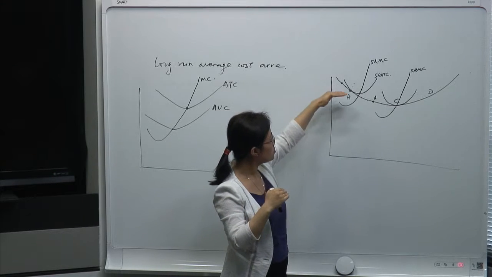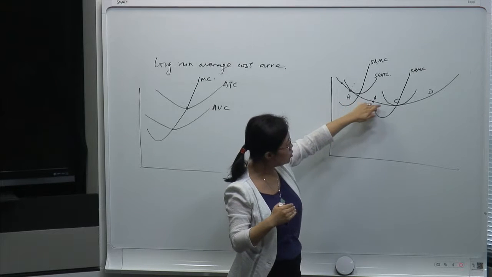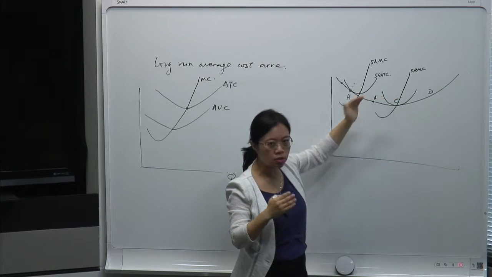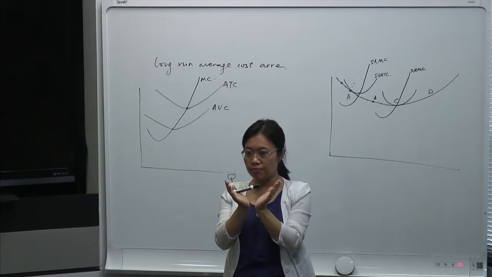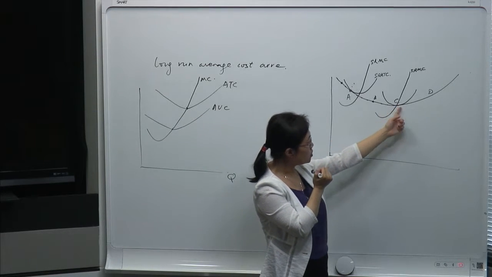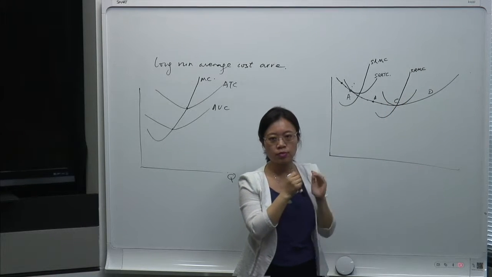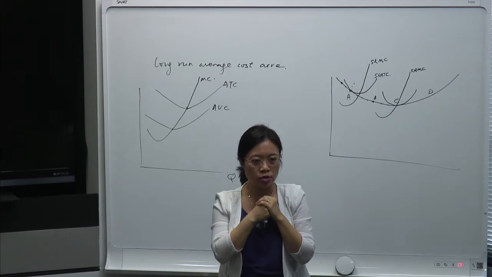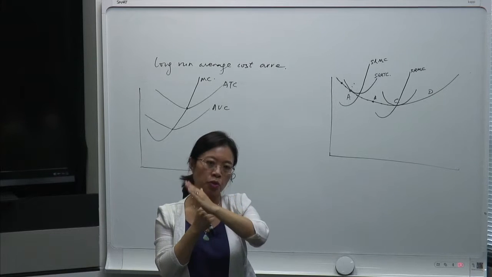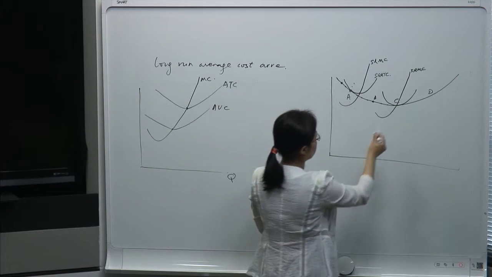As we move from A to B, what's happening? It moved down. It's moving down, right? Okay. After we reach the lowest point, what happened to this short-run average cost curve? It's going up.